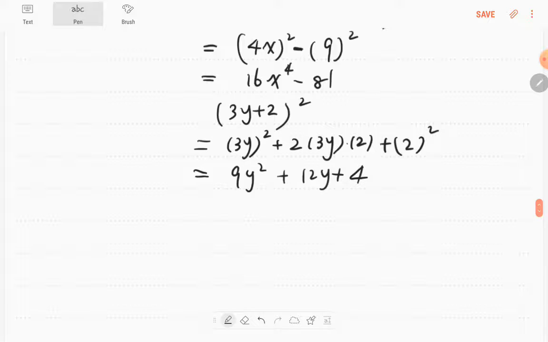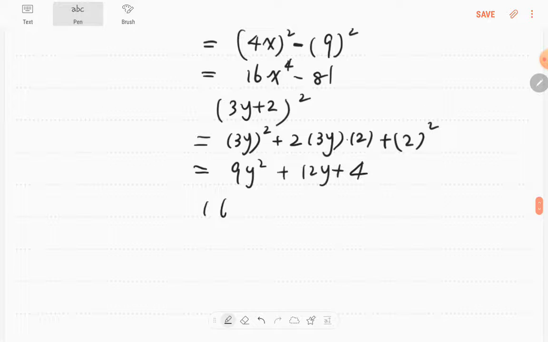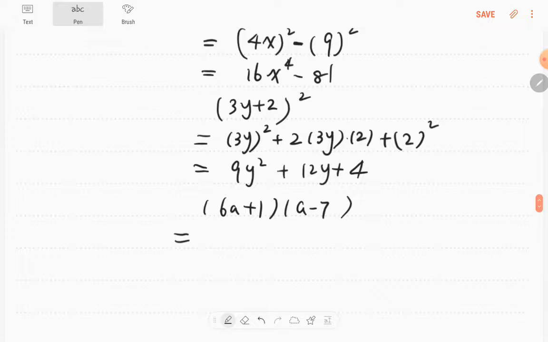But sometimes it's not a special product, so we could not use the formula. We will just use the FOIL method, right? Start with the first term, 6a times a, so 6a squared.